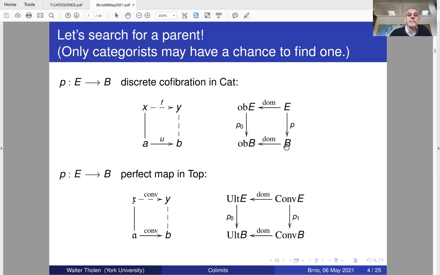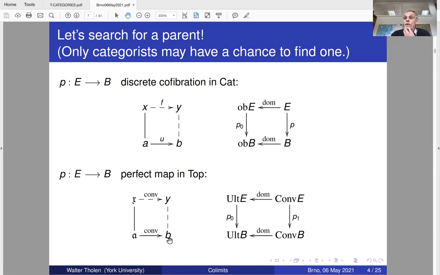If you characterize perfect maps in terms of ultrafilter convergence, then the characterization is as follows. You have a point in the base space and an ultrafilter that converges to that point, and that ultrafilter is itself the image of an ultrafilter from upstairs. Then there is a unique point of convergence up in the category E for that ultrafilter X that lies in the fiber of B.